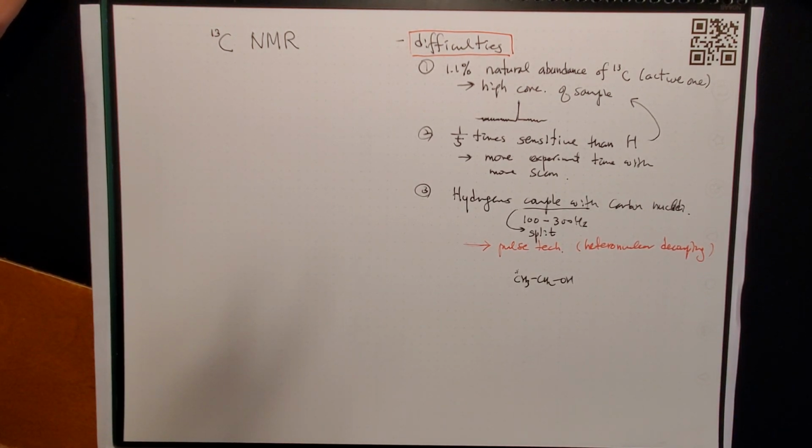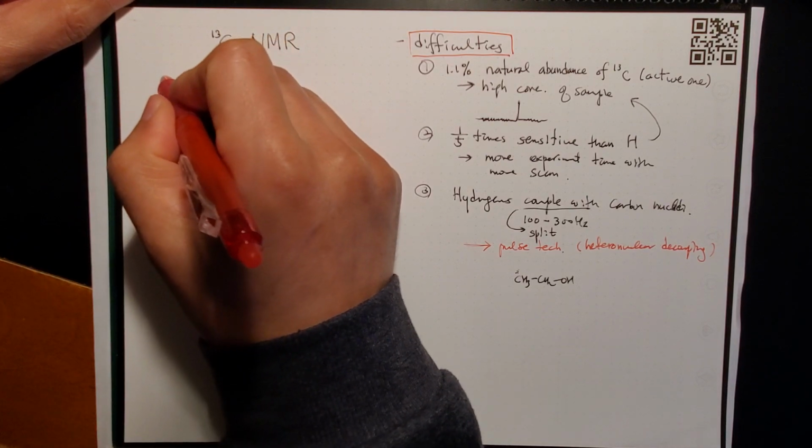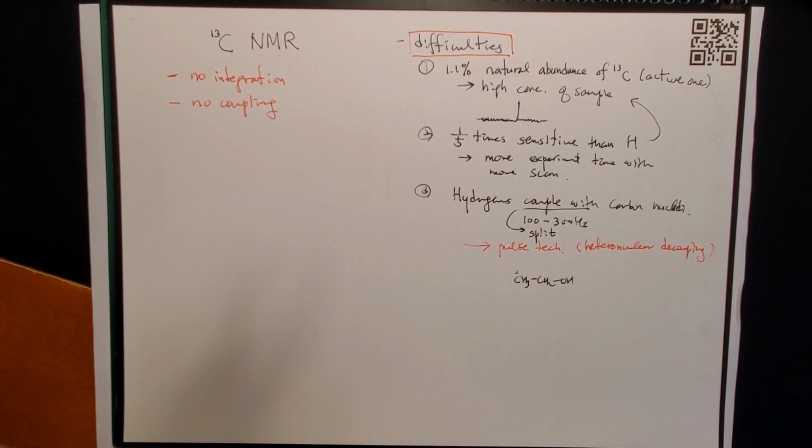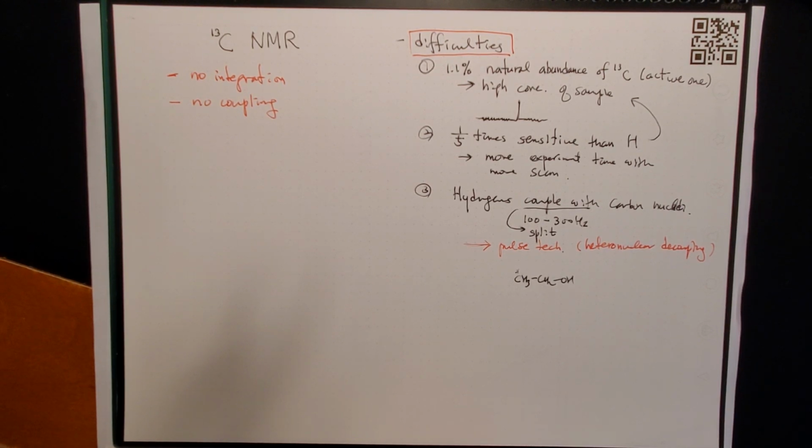But reading the spectrum became easier due to some technological assistance. If you remember, hydrogen NMR gave us 4 different pieces of information. But on carbon-13, you don't need to worry about integration, neither about coupling.